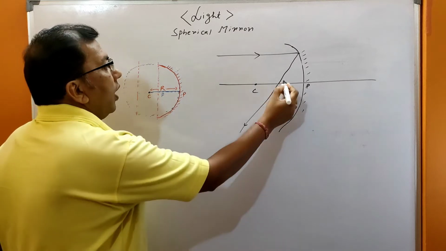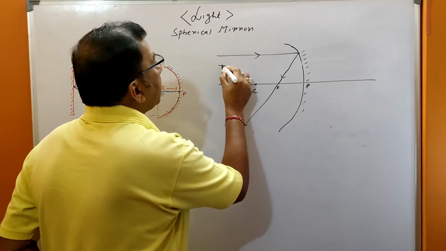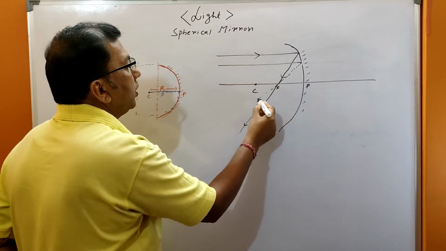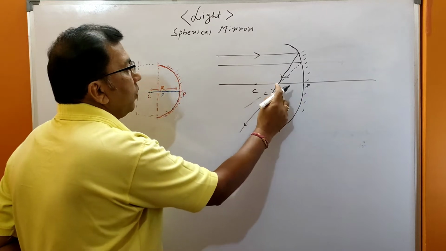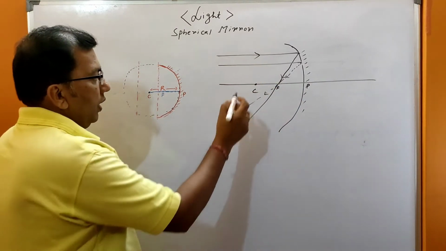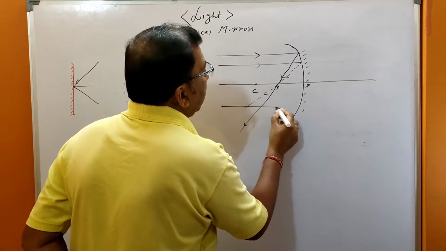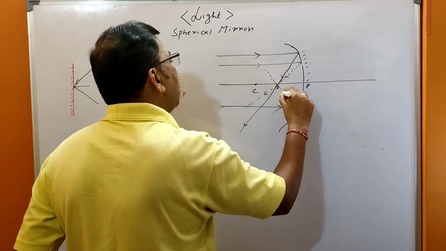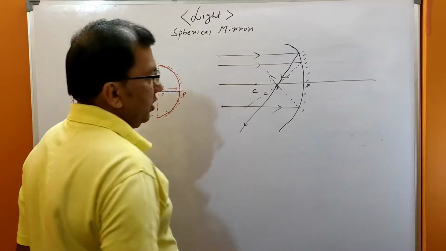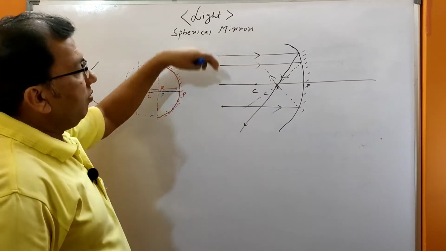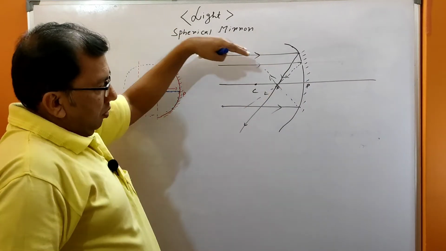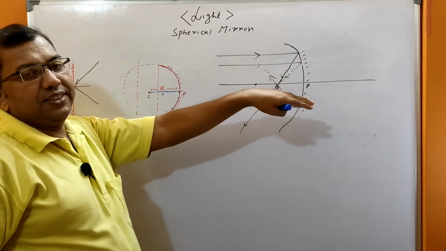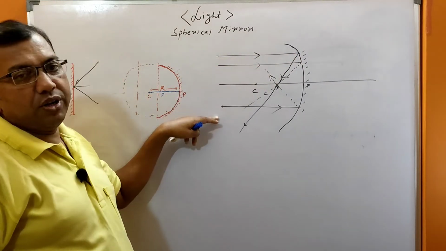Any light parallel to the principal axis always passes through the focus. Anywhere in this way, it will always return back to the focus. This is the one rule. If any ray is incident on the concave mirror parallel to the principal axis, it always returns to the focus.